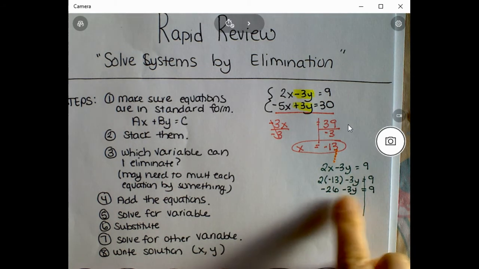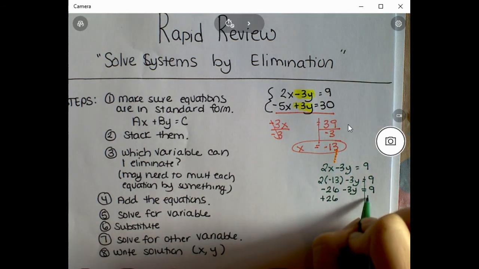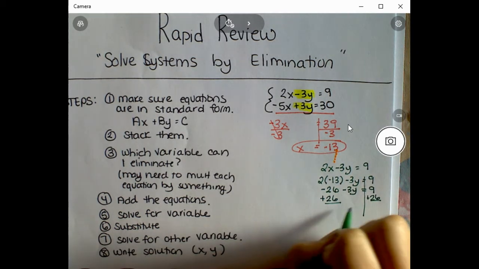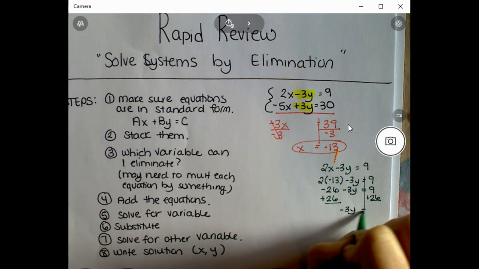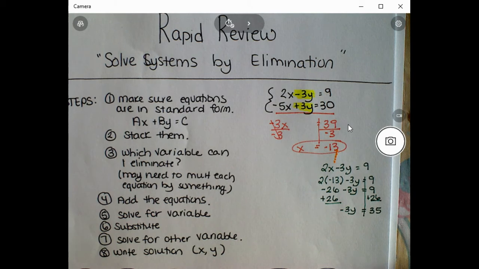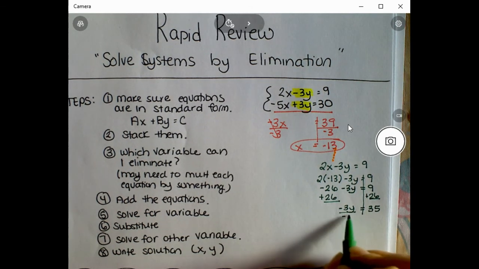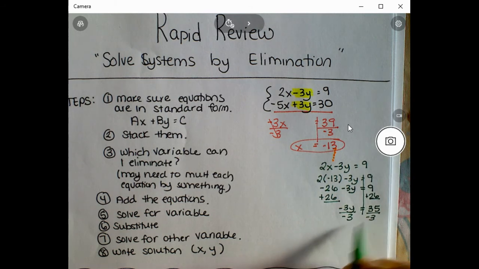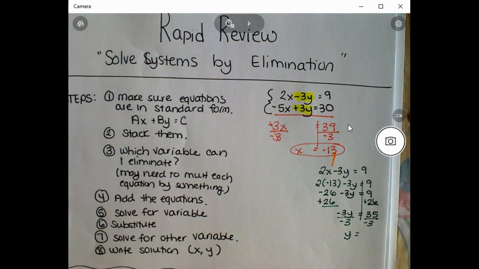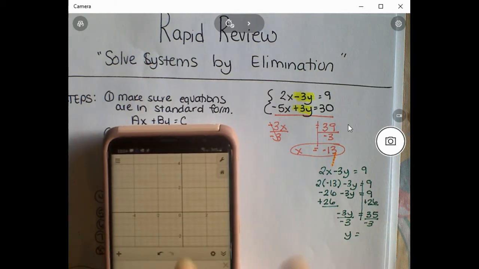Now we want to get the y alone, so we're going to add 26. -3y equals 35. Okay, and divide by -3 to get y alone. And 35 divided by -3 isn't beautiful. So let's see, 35 divided by -3.